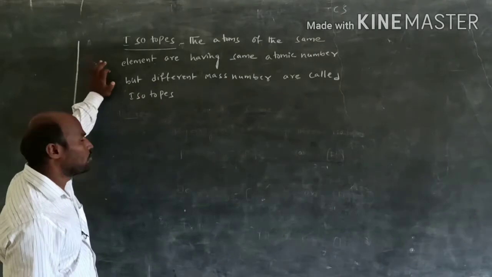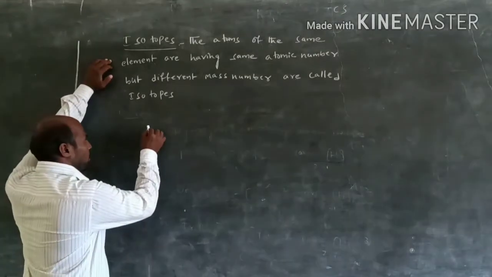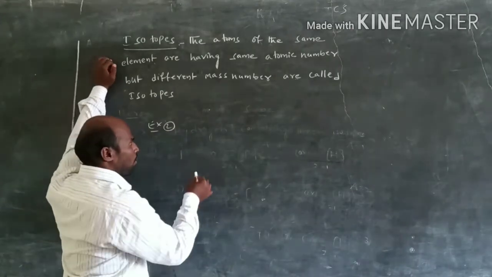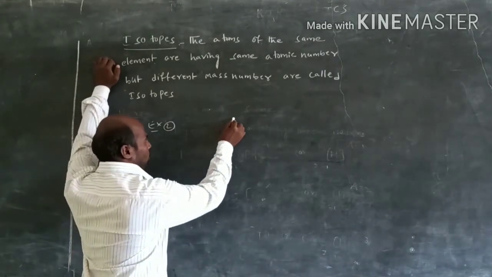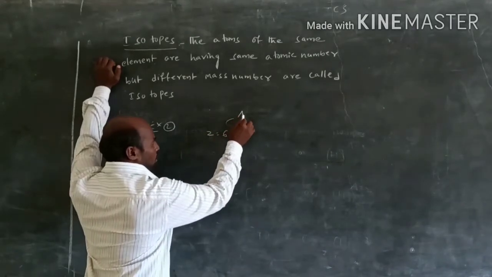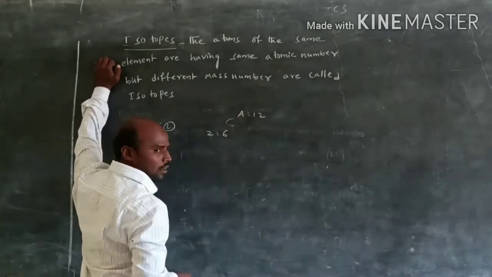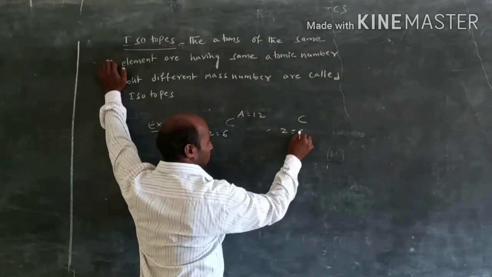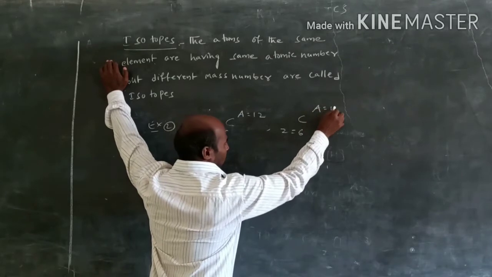Some more examples of isotopes. Example 2, carbon isotopes. Carbon atomic number Z is equal to 6, mass number A is equal to 12. Atomic number Z is equal to 6, mass number A is equal to 13.